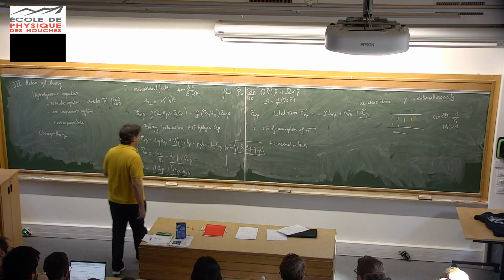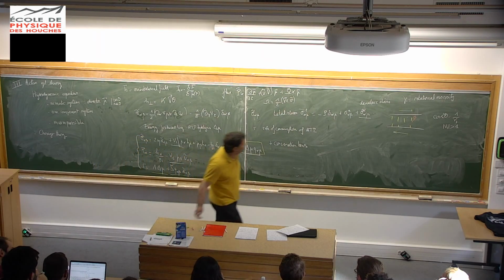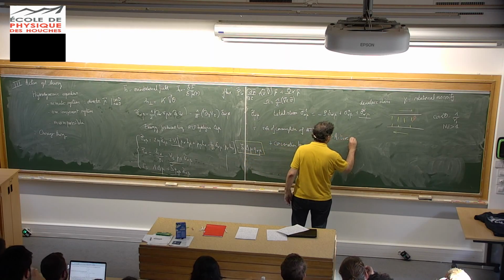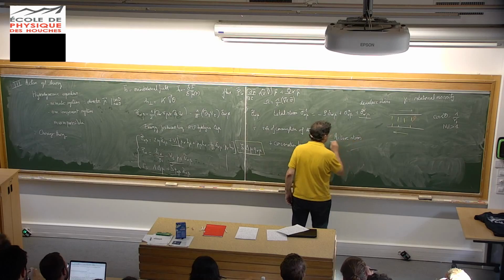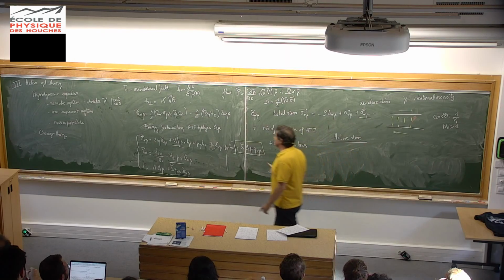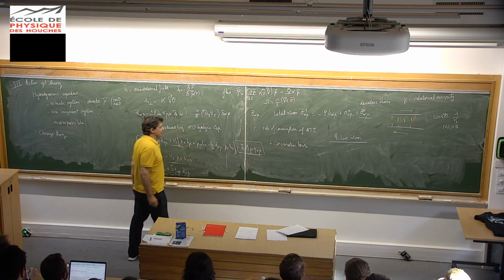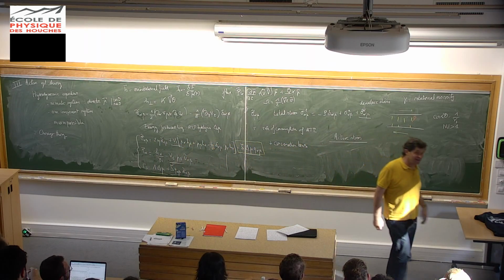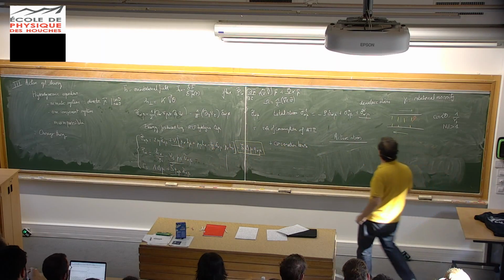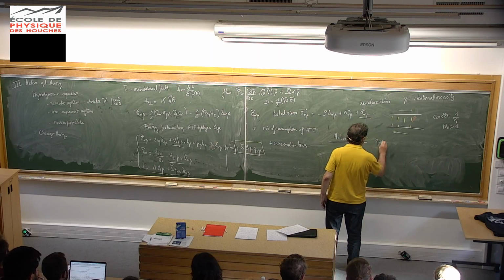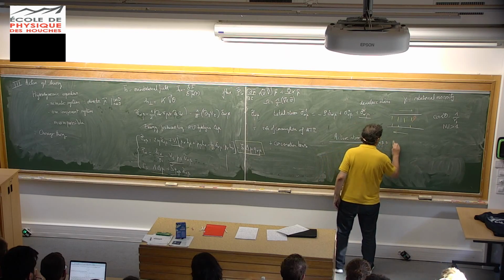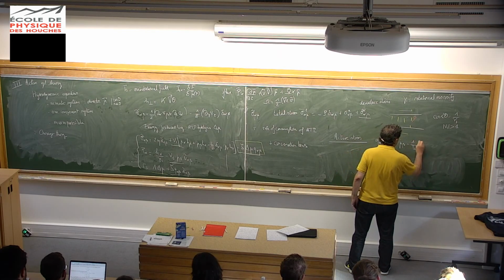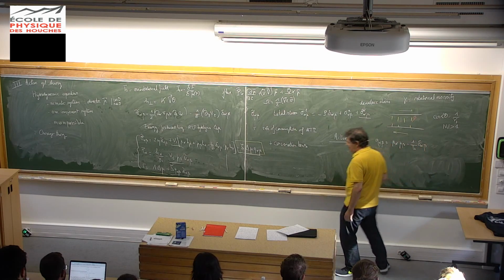So the last thing I want to talk about is the active stress. So this is this term here. It's a stress. Now, as Ramin was saying, it's proportional to the nematic order parameter, Q alpha beta, which is P alpha P beta minus 1/3 delta alpha beta.